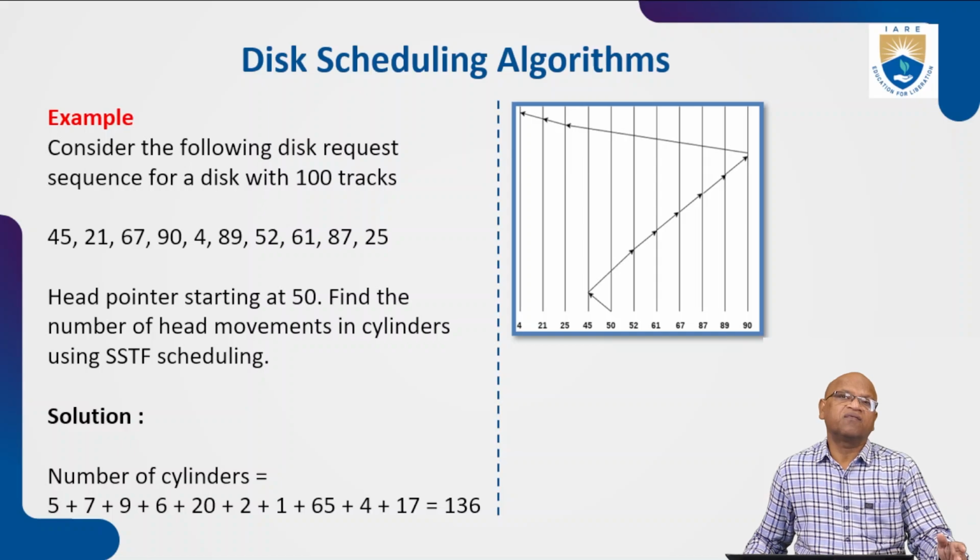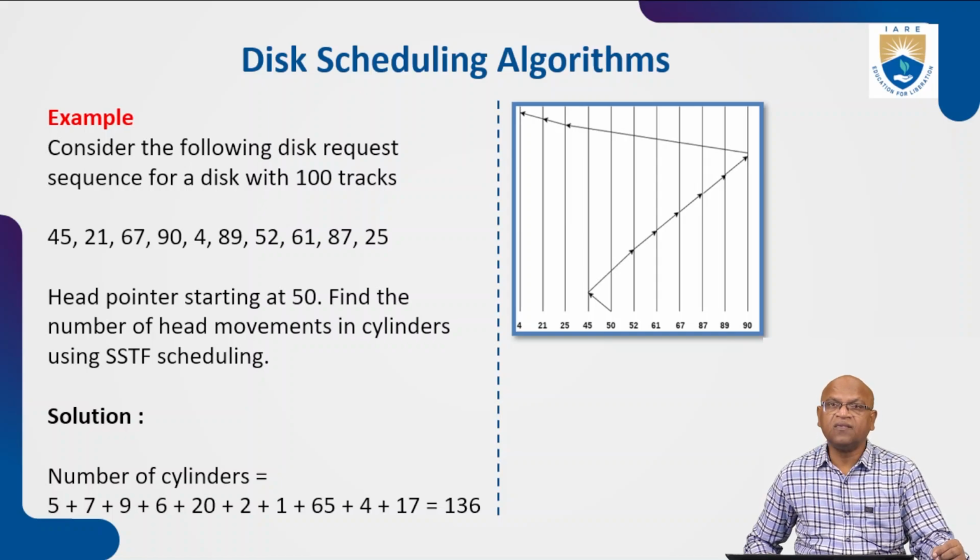After that it is 52, because 52 is nearby 45. Like this, with the shortest time, it will reach each track. That is the shortest seek time.